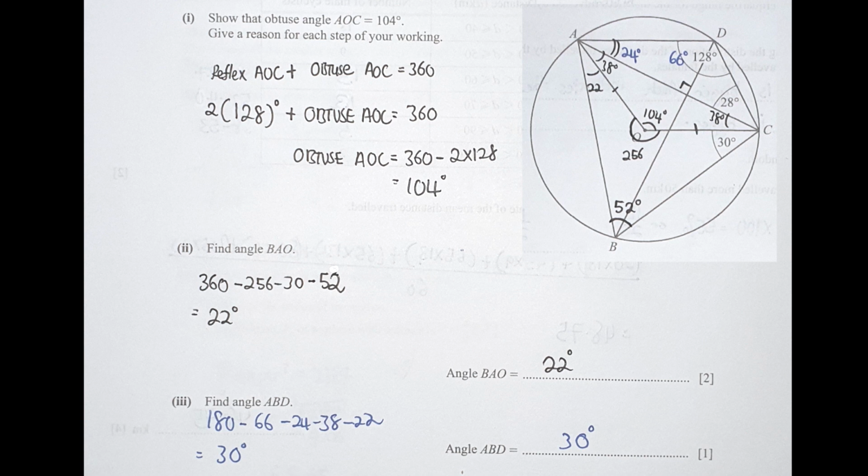So 360 minus 256, this is what we have identified. And ABC is 52 because it's half of 104. And minus it off with 30. And the last part, which is the angle that we're looking for. So after the calculation, you will get it as 22.